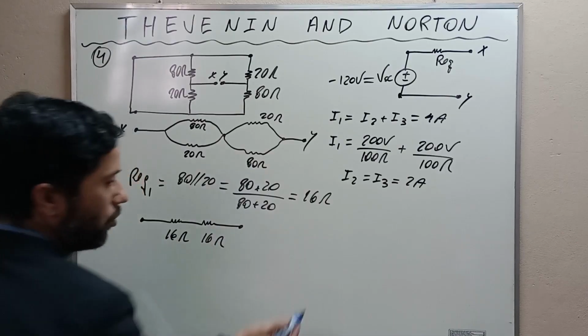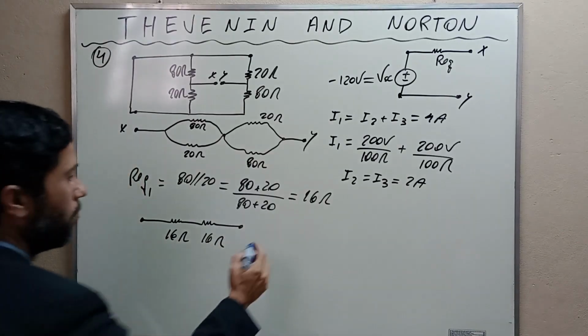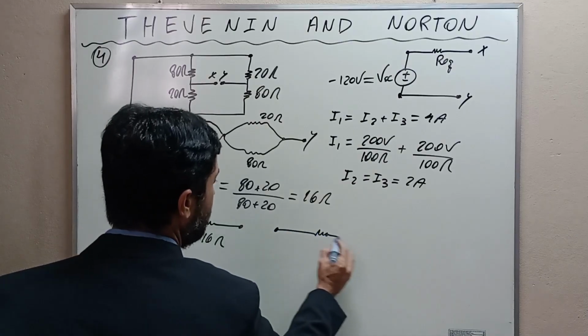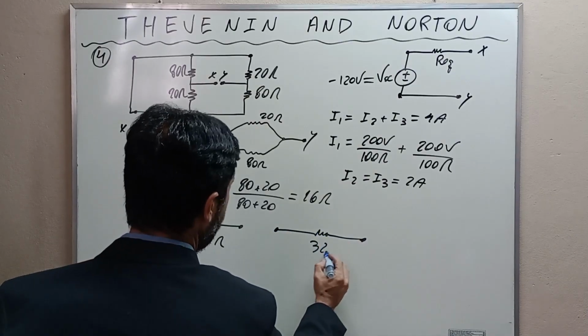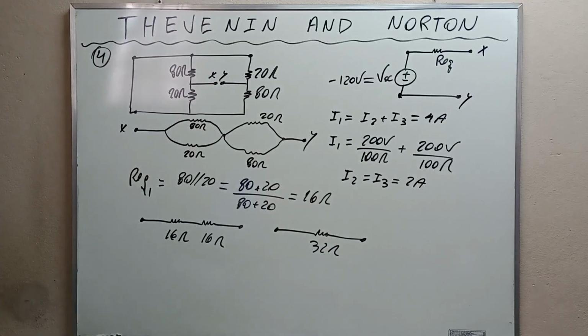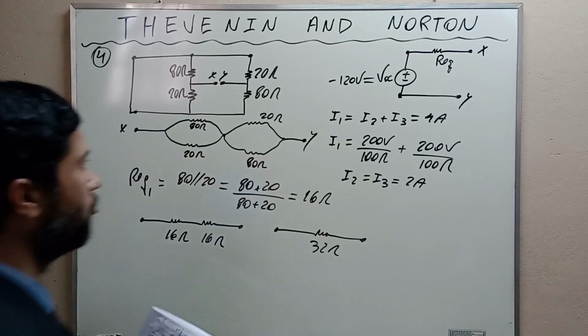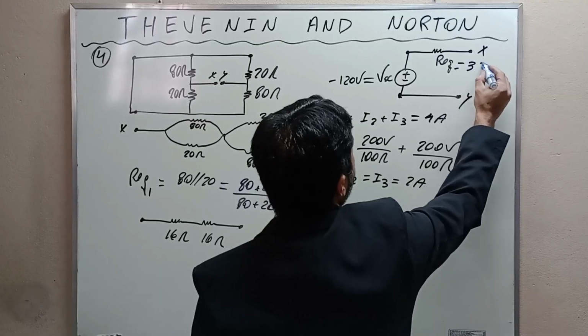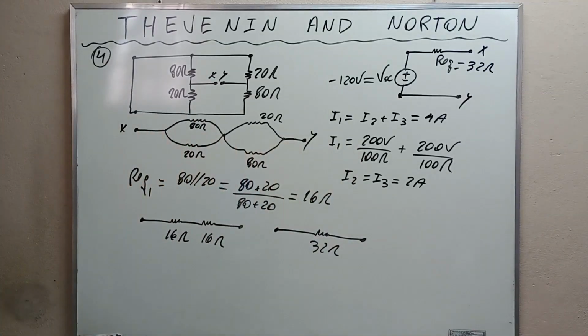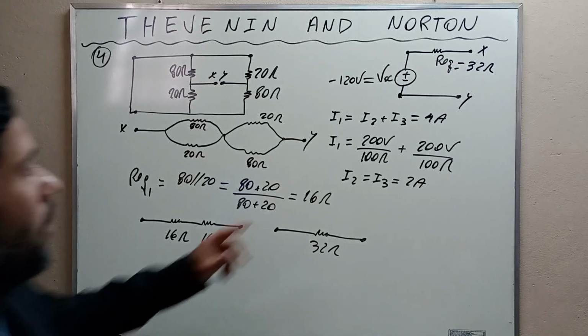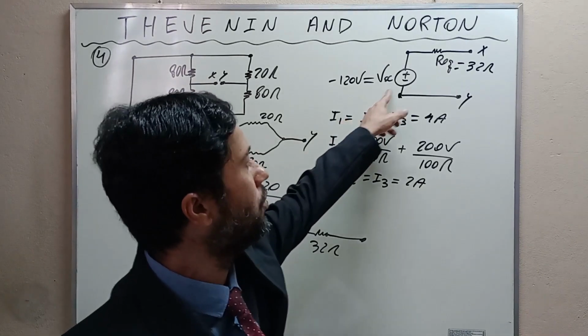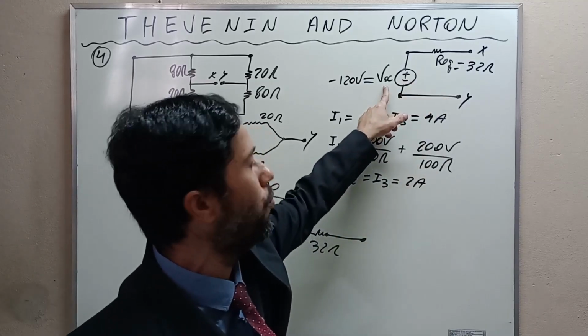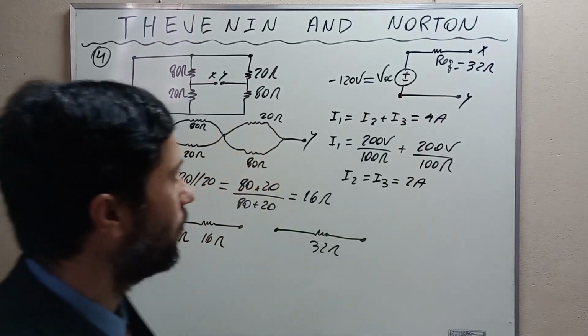Sixteen, and ultimately they are in series. If we combine, ultimately we have that it is 32 ohms, okay? Thus, the equivalent resistance is 32 ohms. Alright, my friends, and this is the Thevenin equivalent circuit. A voltage with a resistance, this is the open circuit voltage, and this is the equivalent resistance.